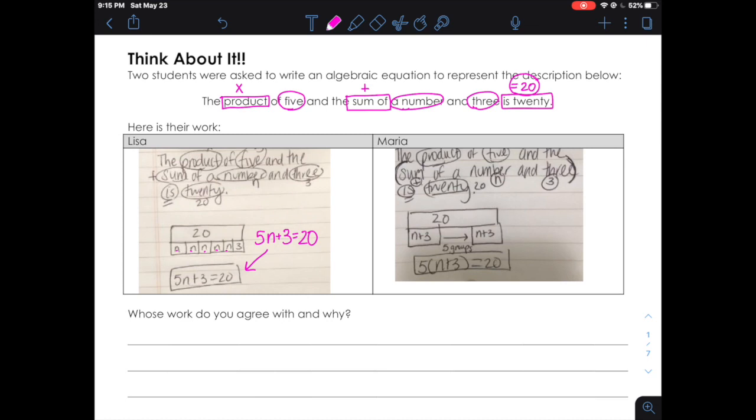So that's exactly what she got. Let's look at Maria. Maria has n plus 3 as the group size, and then it says that she has 5 groups. So that means she's multiplying this group size by 5, and that should equal 20.